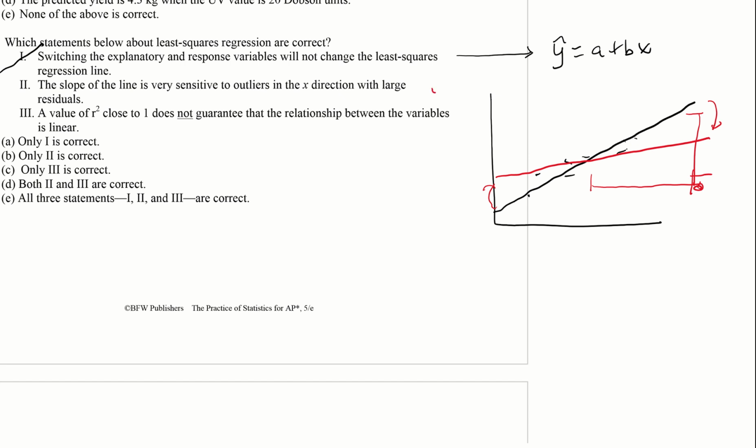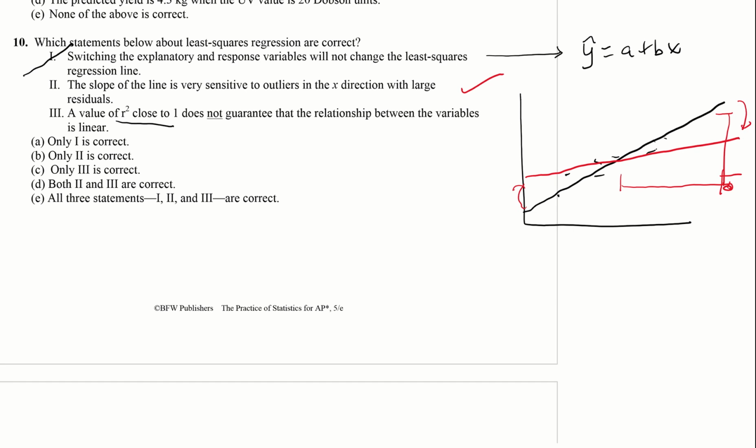So that's true. Statement 3: a value of r squared close to 1 does not guarantee that the relationship is linear. That is true, because you could have a situation where the r squared is high, but the relationship is not linear.